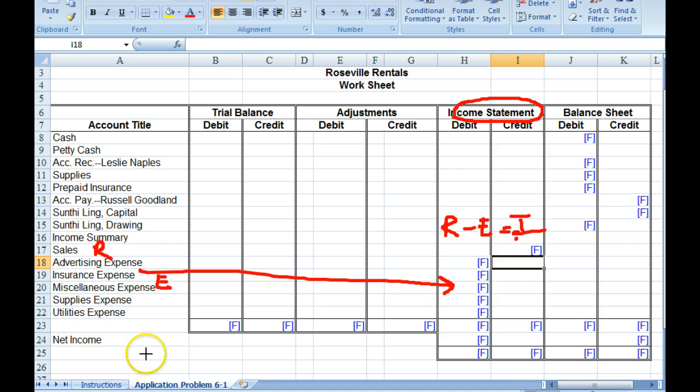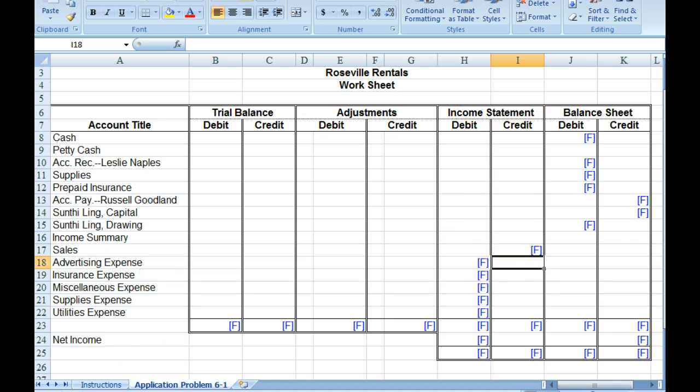Now, something that you have to realize is that all accounts are reports of what happened during a fiscal period. So for example, a lot of the fiscal periods we've been working with have been for 1 month. So the fiscal period, or the time that you're reporting stuff, may have started February 1st and ends the 28th.